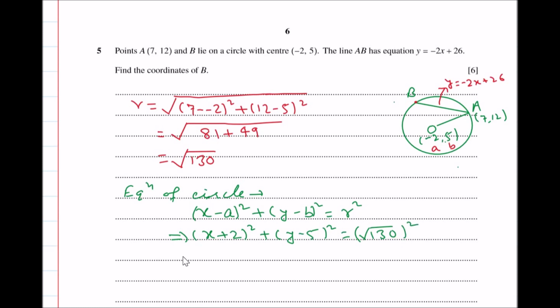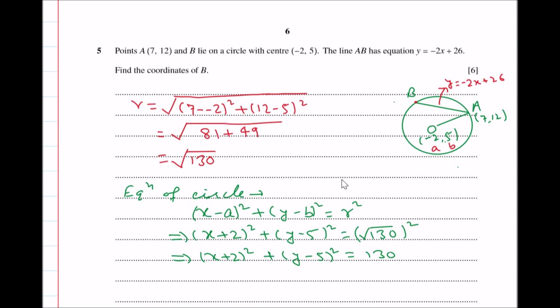Okay, so we get (x plus 2) whole square plus (y minus 5) whole square is equal to 130. Root will be removed.